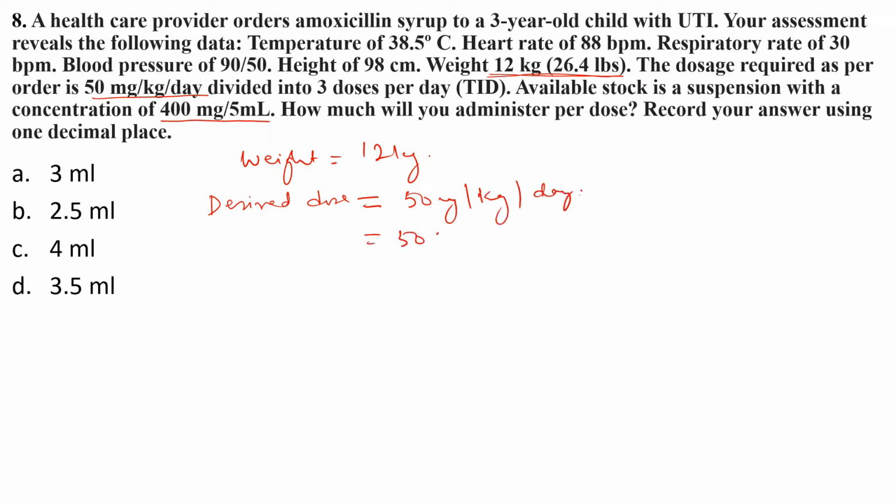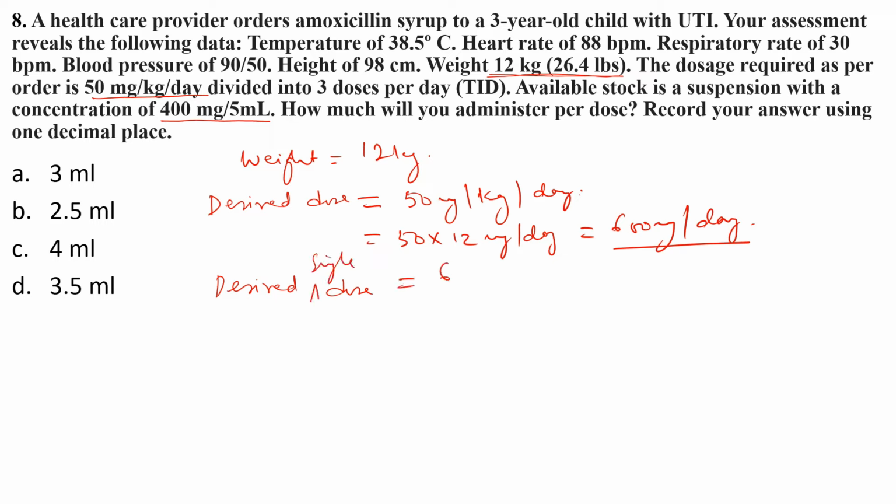So 50 multiplied by 12 mg per day, which will be equal to 600 mg per day. In one day, this child should receive 600 mg of amoxicillin to be given in 3 divided doses. So the desired single dose equal to 600 mg divided by 3, which will be equal to 200 mg.